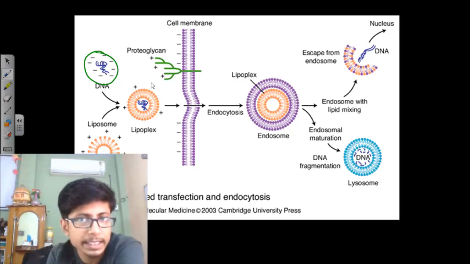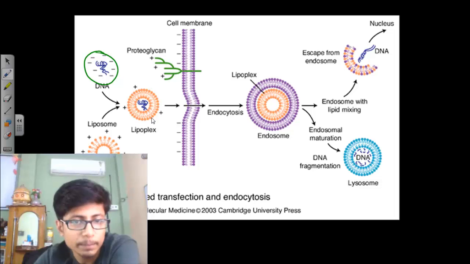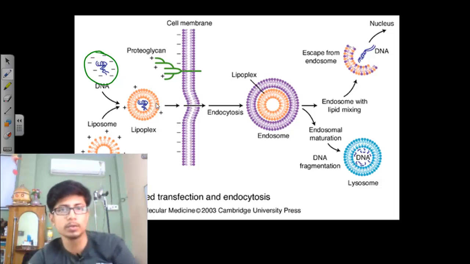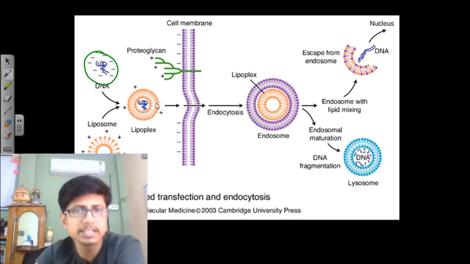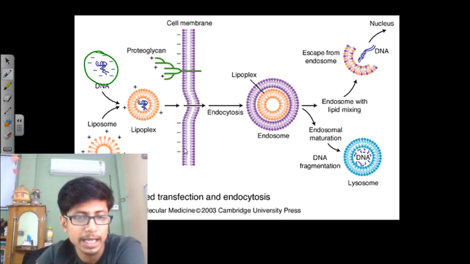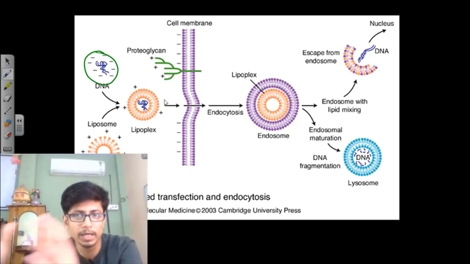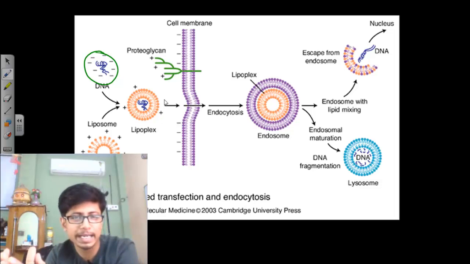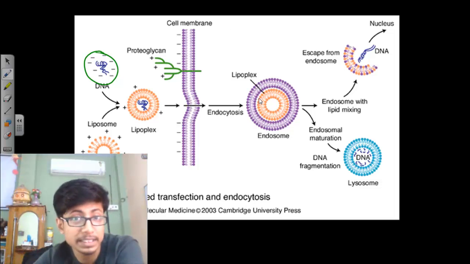This liposome is made up of phospholipids resembling the phospholipids of the cell membrane. So obviously if we place them, and the cell membrane is negatively charged outside, remember, the negative membrane will interact with the positively charged lipoplex, and now this lipoplex content will merge with the membrane, and as a result the DNA will be inserted inside.